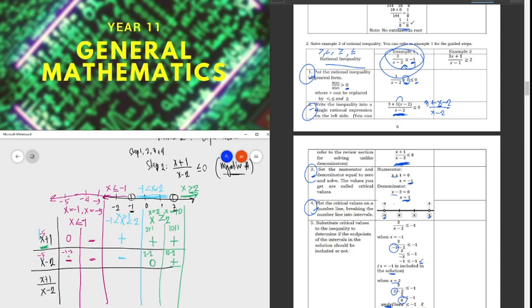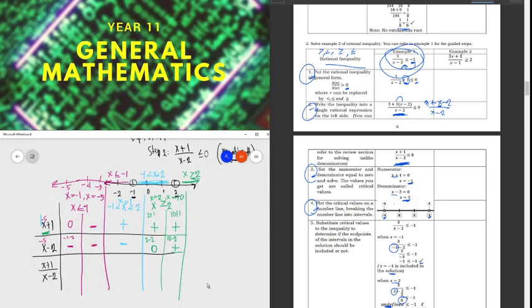In this case, the numerator, wait, I'm going to use another pen, orange. This is what you call the numerator. Then this is the denominator. So again, this is the numerator over the denominator.